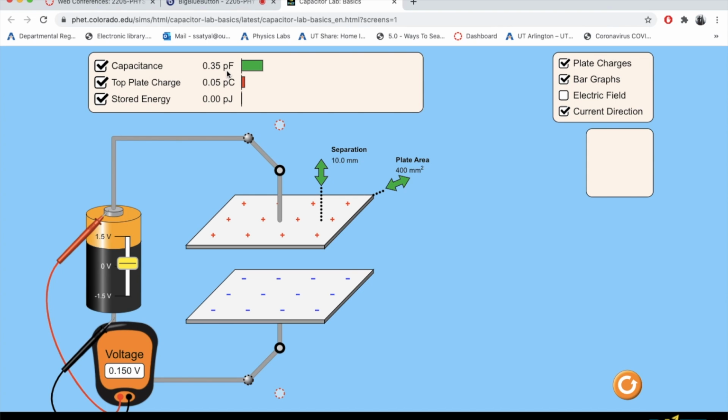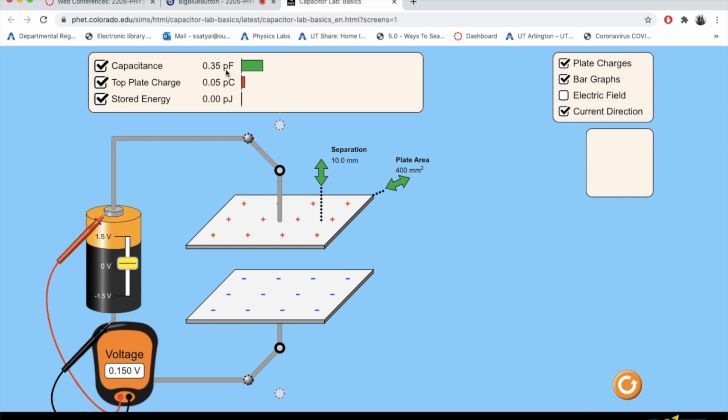The standard unit is farad, but since 1 farad requires a lot of charge, and we're dealing with a 1.5 volt battery, we can assume the capacitance of this thing here, for that separation and that distance, it's only 400 millimeter square. It's a very small capacitance value.